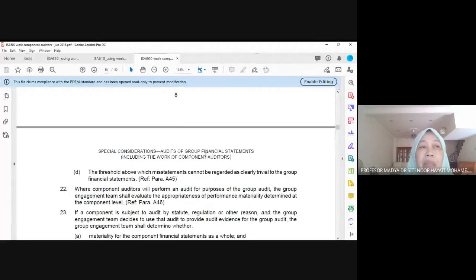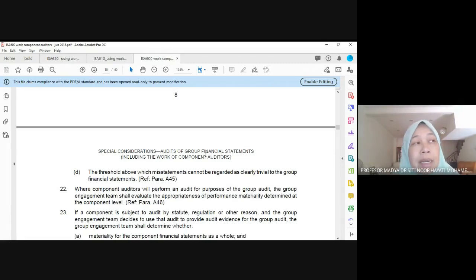So also the component auditor has to be cooperative. So the group auditor is going to select the team members. The team members can be component auditors or may not be from the component auditor. So maybe the group auditor can choose auditors S1, S2, but not A1.